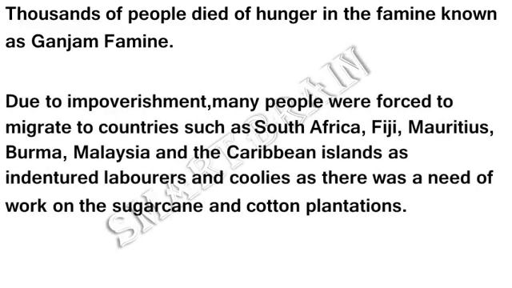Due to impoverishment, many people were forced to migrate to countries such as South Africa, Fiji, Mauritius, Burma, Malaysia, and the Caribbean islands as indentured laborers and coolies, as there was a need of work on the sugarcane and cotton plantations.